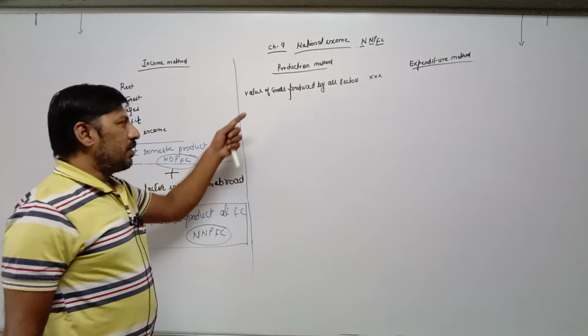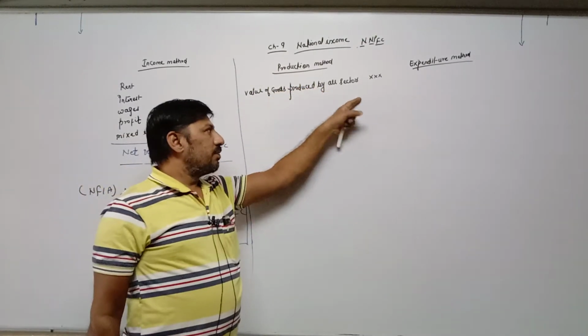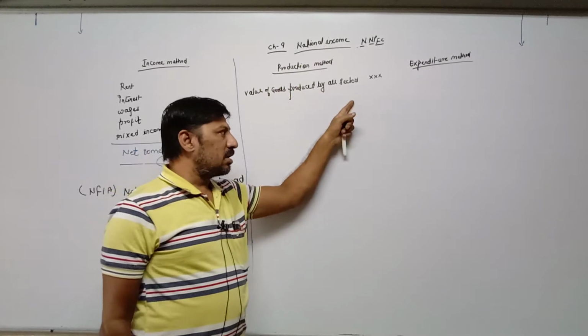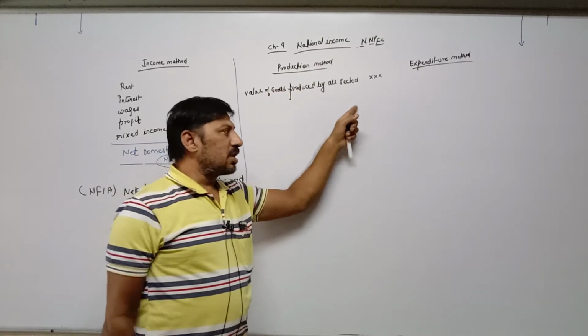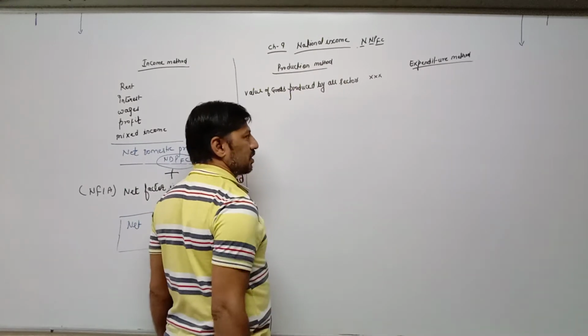Here you have to write three times: the value of goods produced by the primary sector, the value of goods produced by the secondary sector, the value of goods produced by the service sector. Then you have to make a total of these three items.